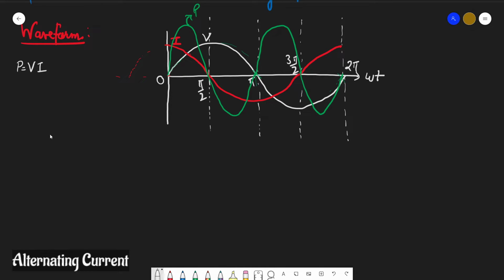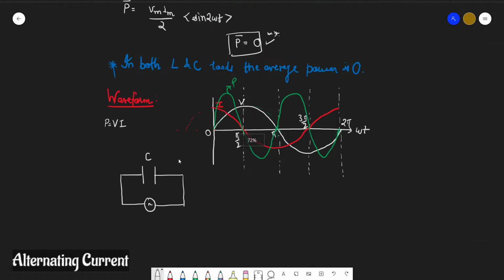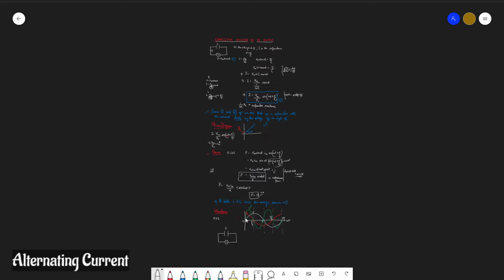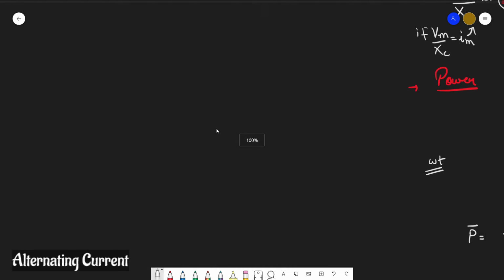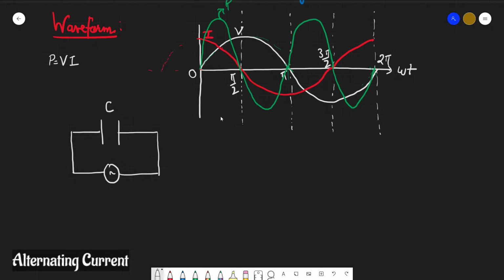Now let us analyze this circuit in terms of charging and discharging, because that has been mentioned in your textbook and it is better to go that way. Suppose this is a sinusoidal supply and this is going to be your capacitance, and we will see the direction of current and analyze the points. Let us mark the points for reference.